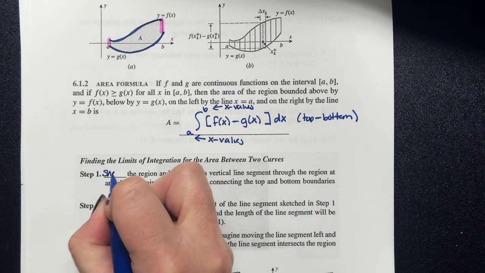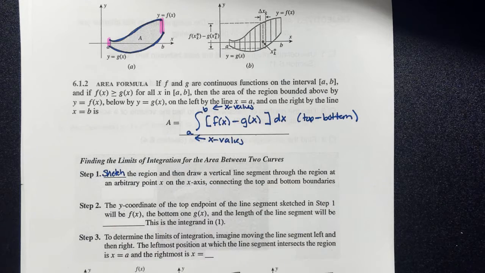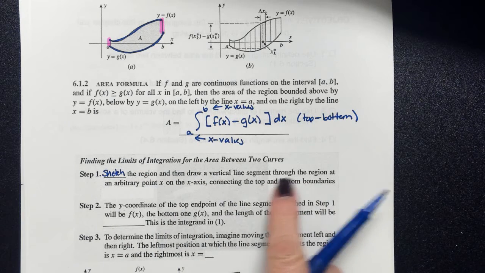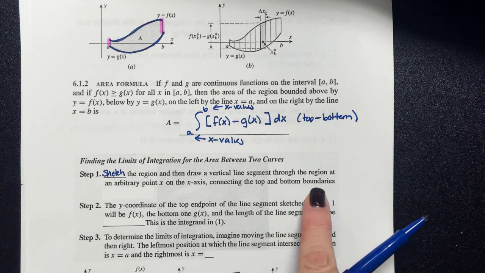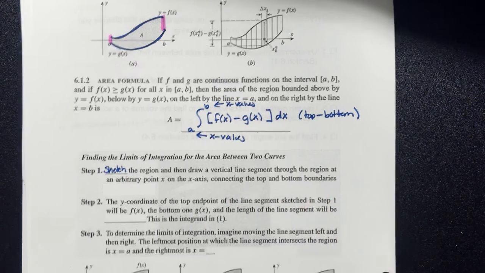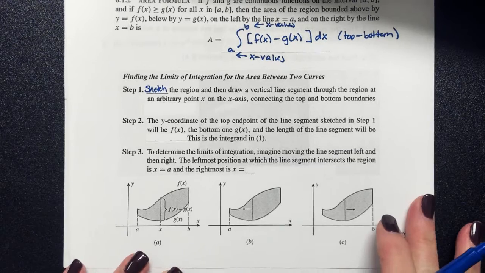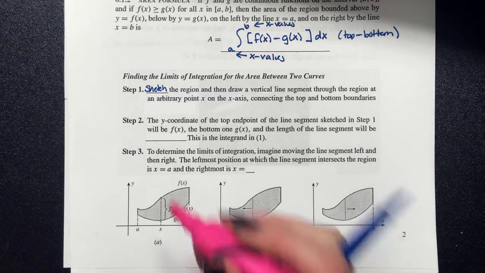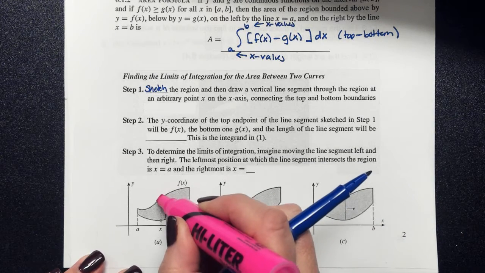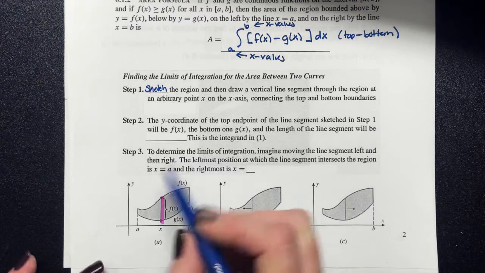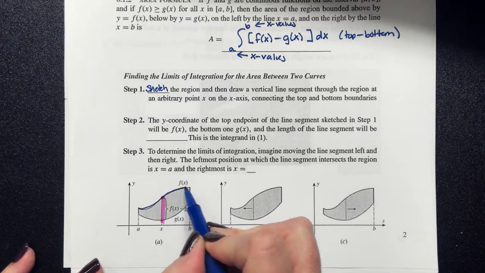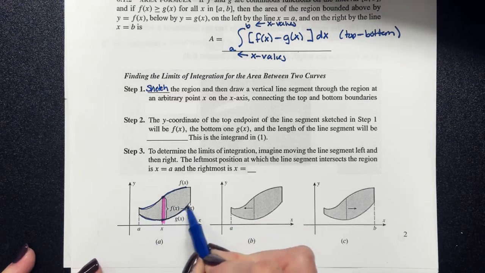You always want to do a sketch when you're calculating the area, and draw a vertical line segment through the region at some arbitrary point on the x-axis, connecting the top and bottom boundaries. To help you figure out top minus bottom, take your pencil and draw a vertical line segment on your sketch of the curve of f of x. That way you can clearly see which function is on the top and which one is on the bottom.